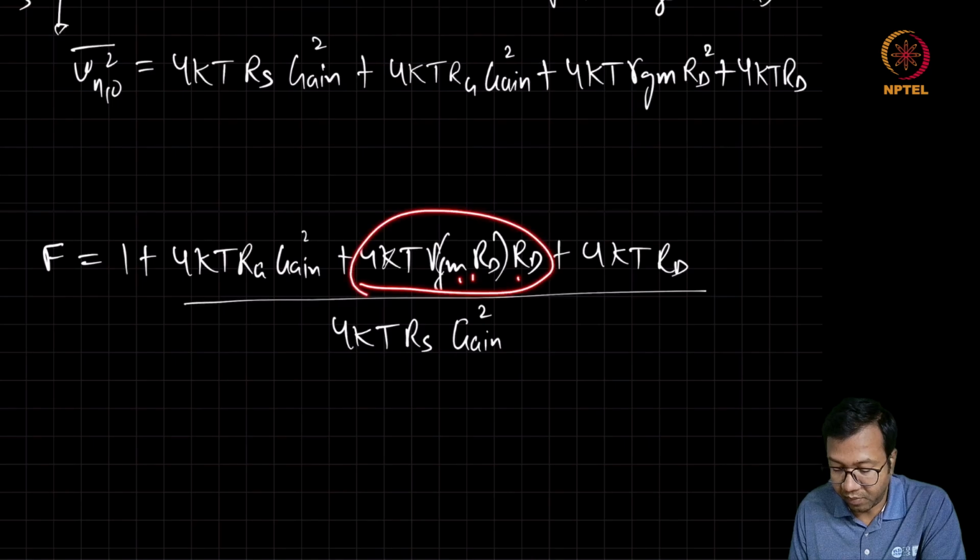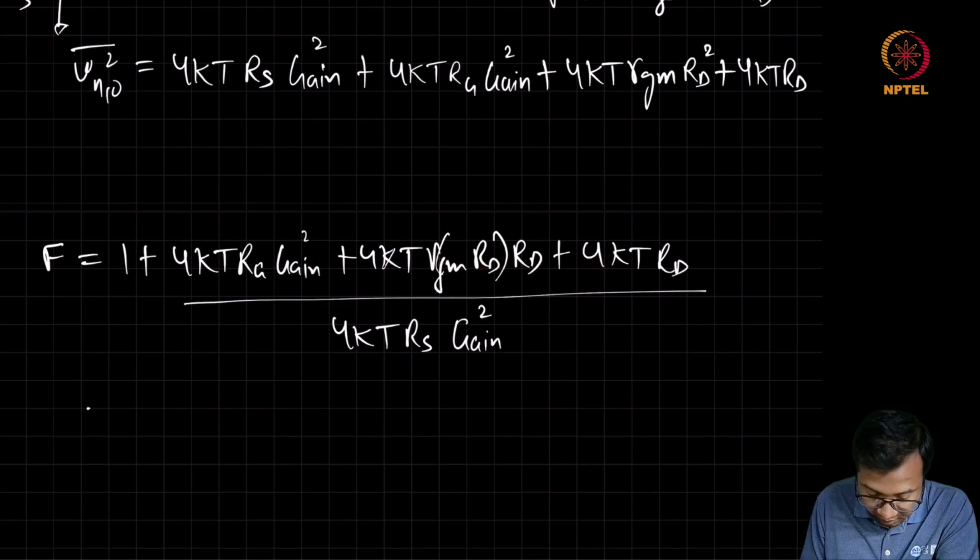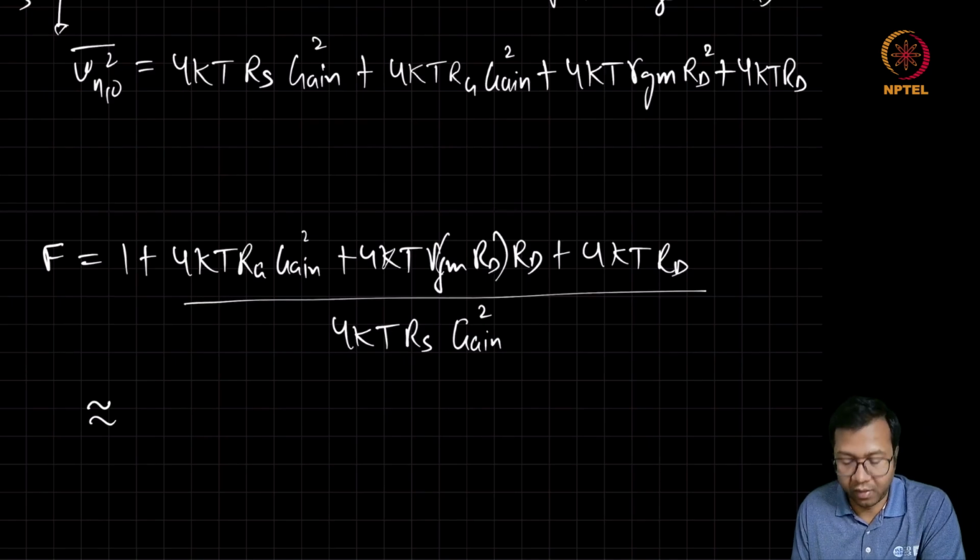So this term will be again much more than 4kT Rd. And the first term also is having a gain square term. So if we compare these three terms, we will find that this 4kT Rd can be ignored compared to the other terms. For our discussion, we will ignore 4kT Rd.